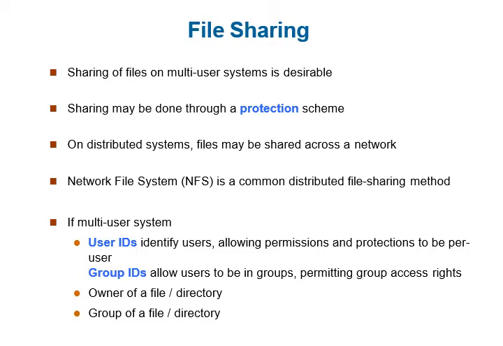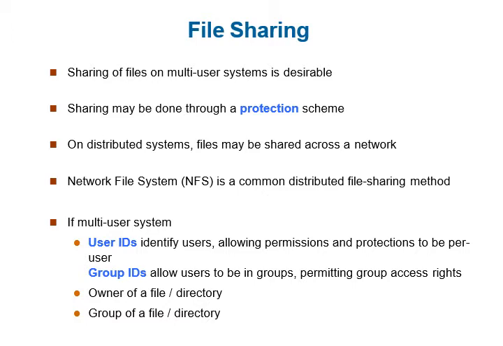Any user may have a user ID. A user ID is nothing but the identification of a user. It says what permission they are going to get, and protections can be provided per user.